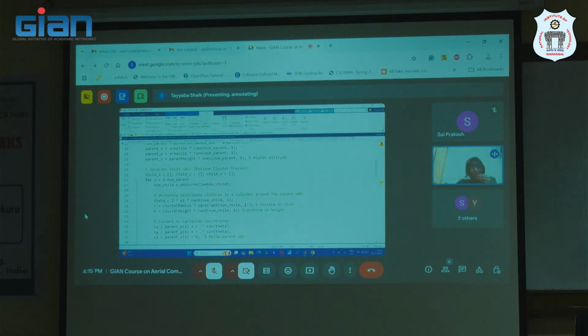Here again, for each parent, i equal to 1 to the number of parents, we generate the child UAVs according to a Poisson random variable. Here, if you see, we are placing the UAVs on a disk. That is where theta is uniformly randomly distributed, but R is the square root of a uniform variable multiplied by the radius.